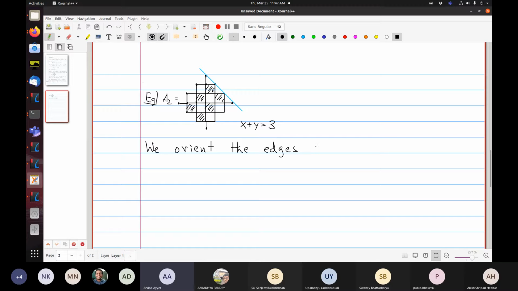We orient the edges of G so that black squares are on the left and white squares on the right.